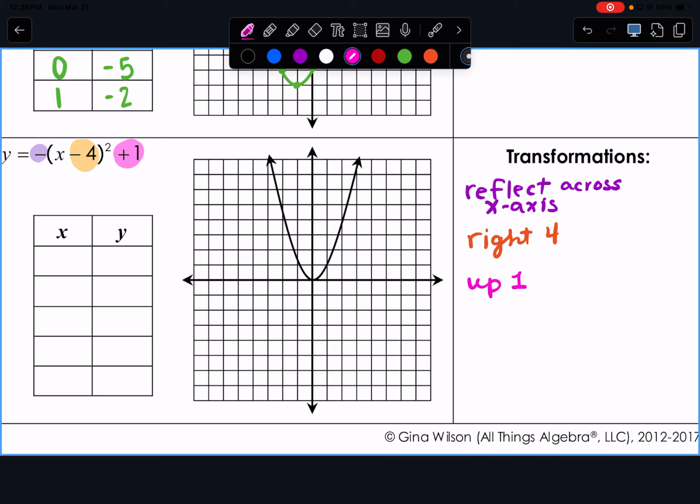So what would our vertex be? 4, 1. And we can put that in our calculator and get our points. Once you get your table, plot the points.